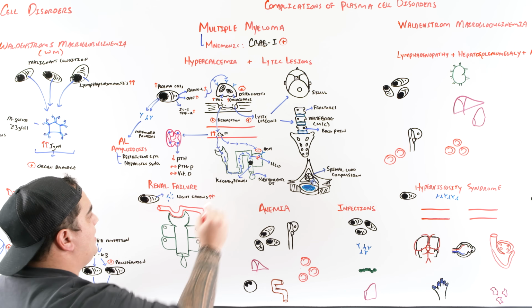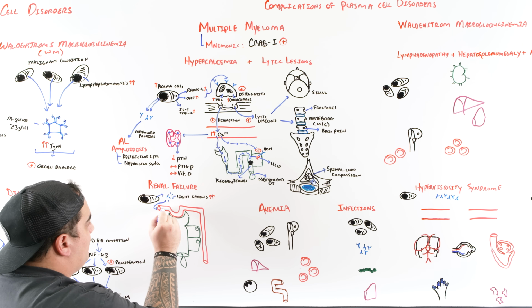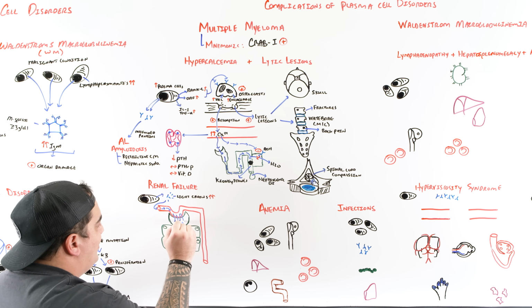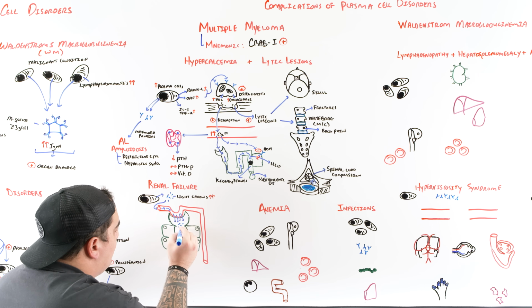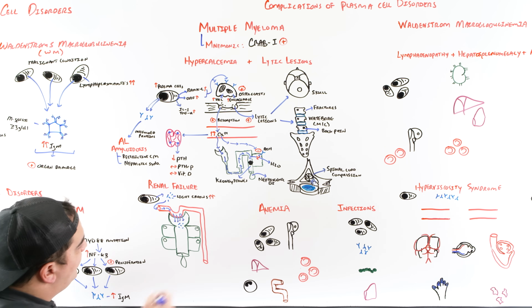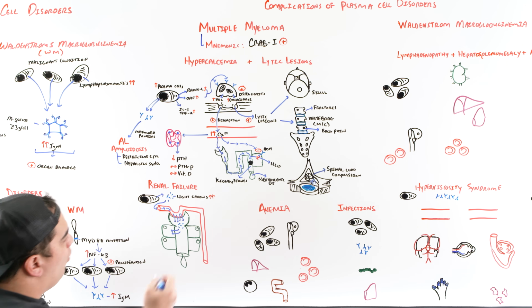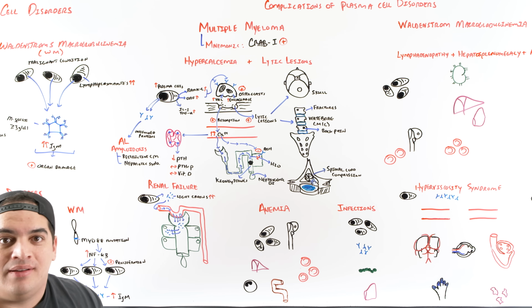When you're making a lot of these in a patient who has multiple myeloma, the problem is that they get into the circulation and they get filtered across the GBM. When they get filtered across the GBM, they can get taken up by the proximal tubular cells. Once in the proximal tubular cells, they can cause tissue death.